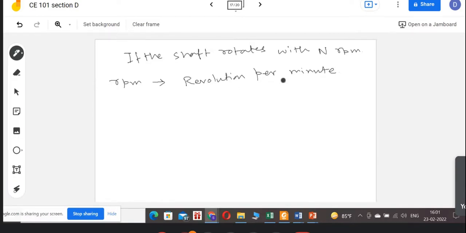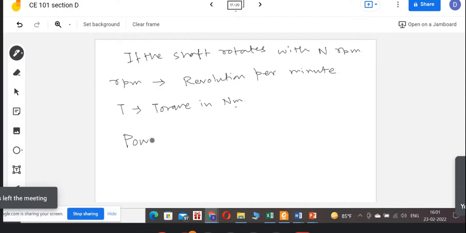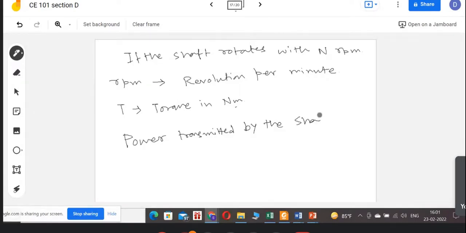Means in 1 minute, if the shaft rotates n times, that is the revolution per minute. Under the application of this torque T, torque in Newton meter, then the power transmitted by the shaft can be written as 2 pi nT by 60 watts.